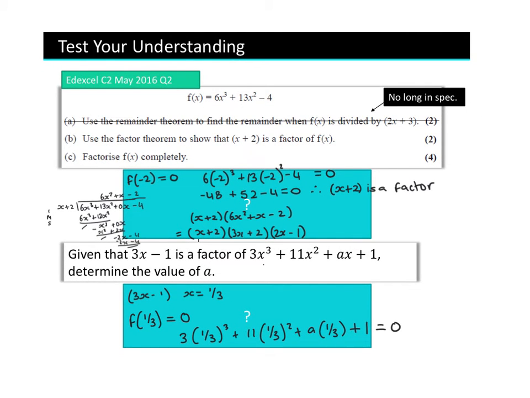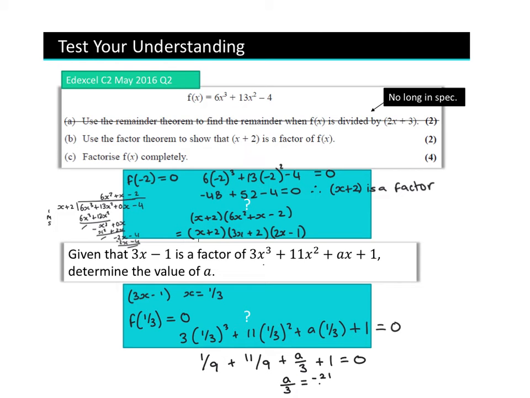So 1 over 27 times 3 is 1 over 9. 1 over 9 times 11 is 11 over 9, plus a over 3 plus 1 equals 0. So I have 12 over 9 plus 1, which is 21 over 9.